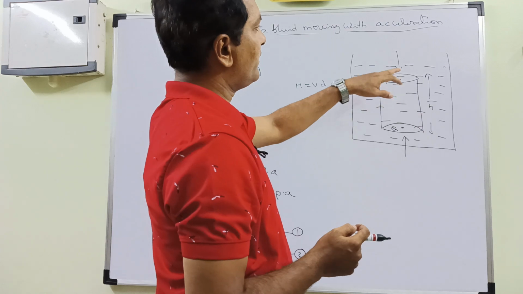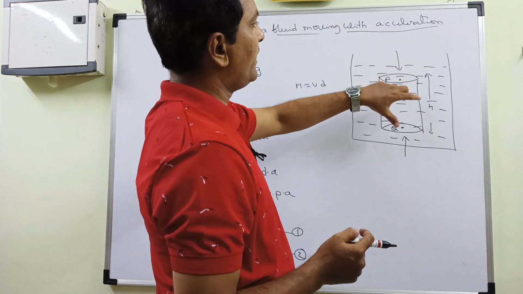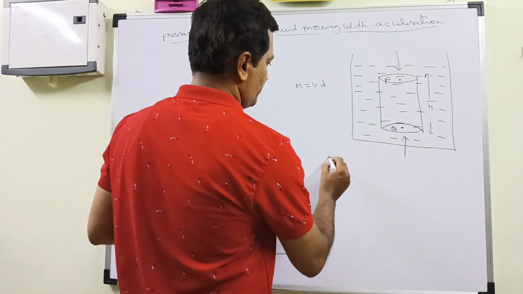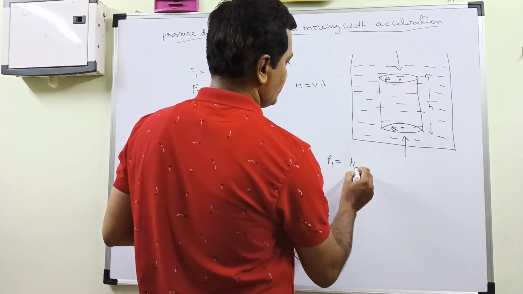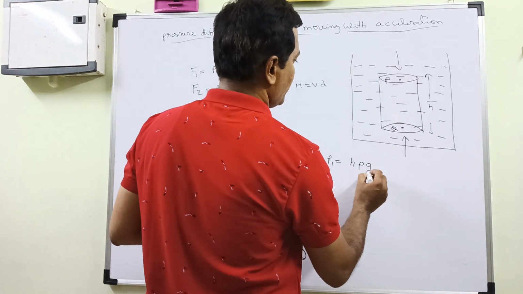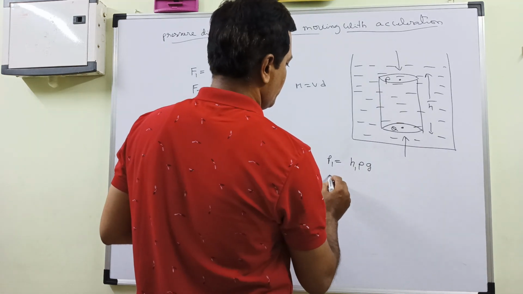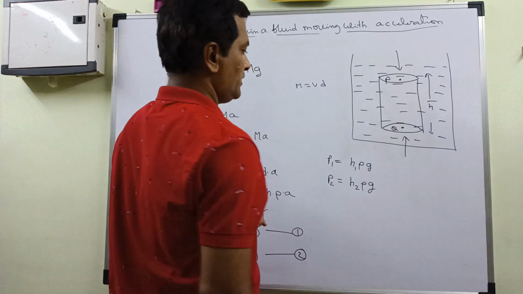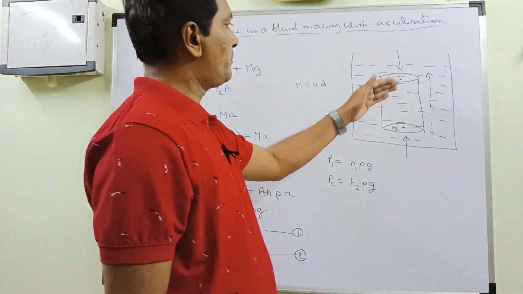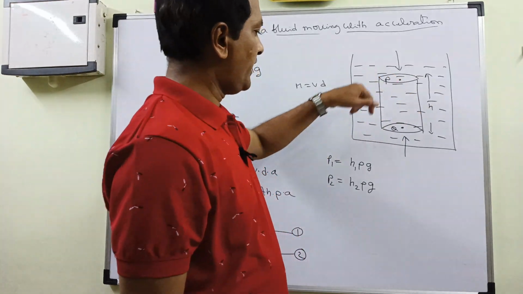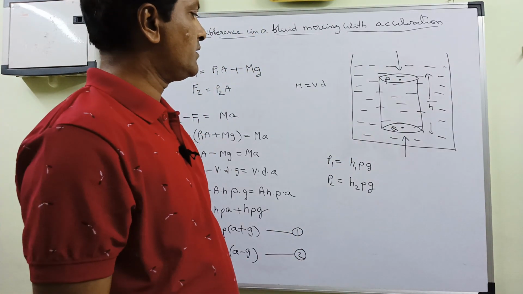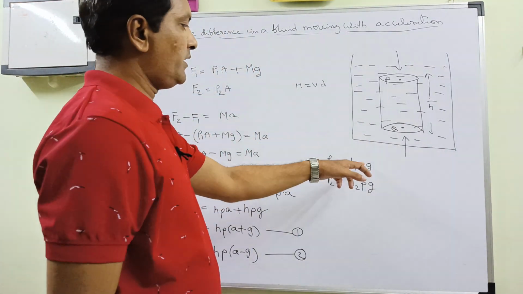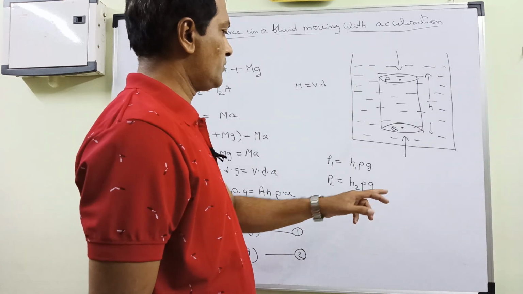So here, when the surfaces are at heights h1 and h2, we know that the pressure acting will be P1 is equal to h1 rho g and P2 is equal to h2 rho g. When P1 and P2 are at heights h1 and h2 from the surface, the pressure acting on the points will be h1 rho g and h2 rho g.